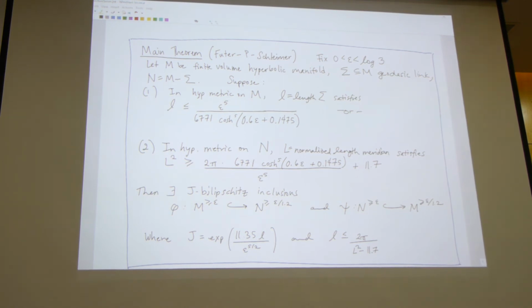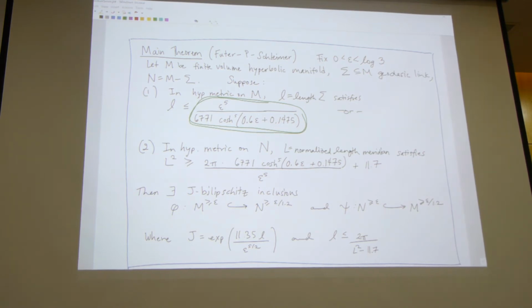The statement is a little bit complicated, and I'll say a little bit of what goes into it, but the key point is there is an effective bound on your slope length, L. So fix an epsilon between 0 and log 3. Let M be a finite volume hyperbolic manifold with a geodesic link inside of it.